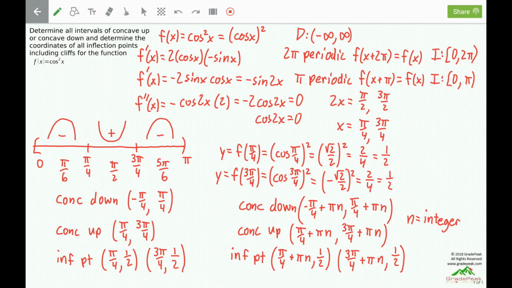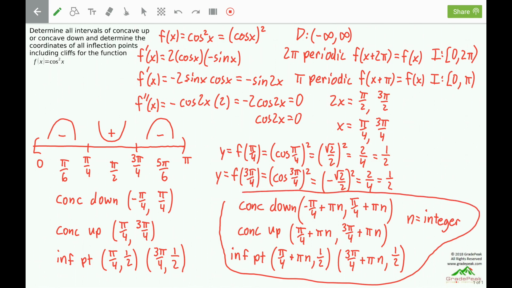Plugging in n equals 0 will give the results over the interval we just worked on. And this will now give the results over the entire domain of negative infinity to positive infinity.